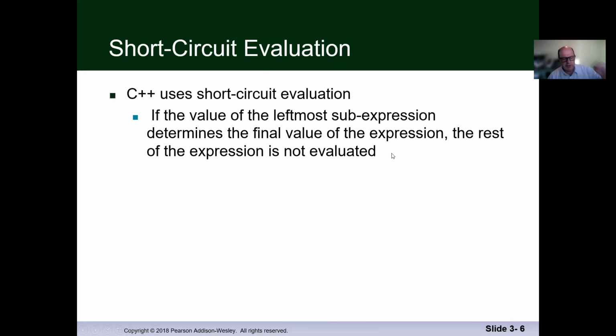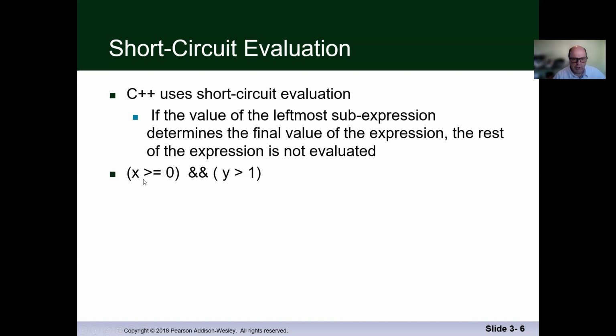So C++ does that. If I have an expression like that and I can figure out the whole expression, I'm not going to check the second one if I already know. In this case, I have x greater than 0 and y greater than 1. Remember what we said about the AND. If the first one is false, the whole thing is going to be false.